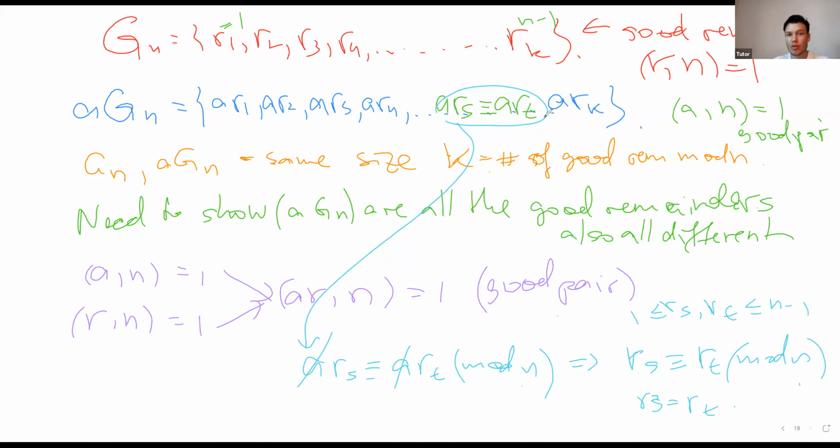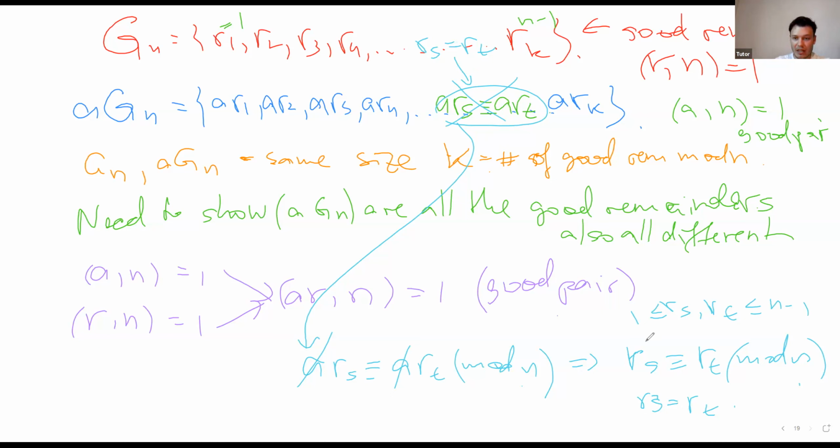If I pick two remainders, some RS and some RT that are different, then I cannot have this, because I'd get a contradiction. If I had this, I would simplify the A's and it would mean that RS has to be equal to RT because they're both between those bounds.